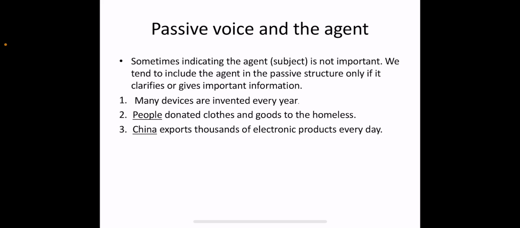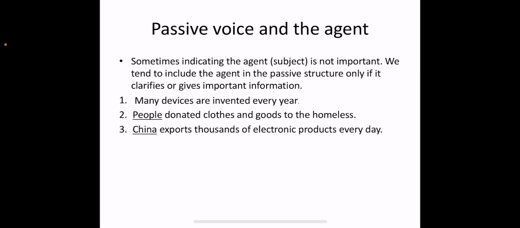It's not giving me exact information or important information or clarifying information. So I can eliminate they. It's a big mistake to include in passive voice sentences the particle by them, because most of the time by them is not giving us information. Careful with that. Number 2, people donated clothes and goods to the homeless, active voice.